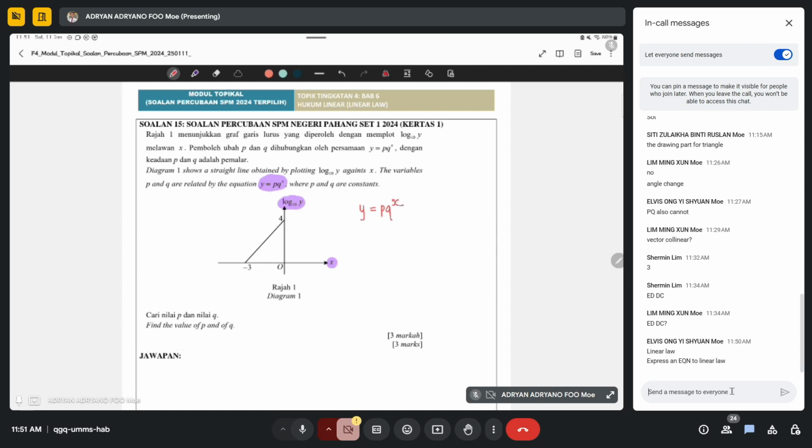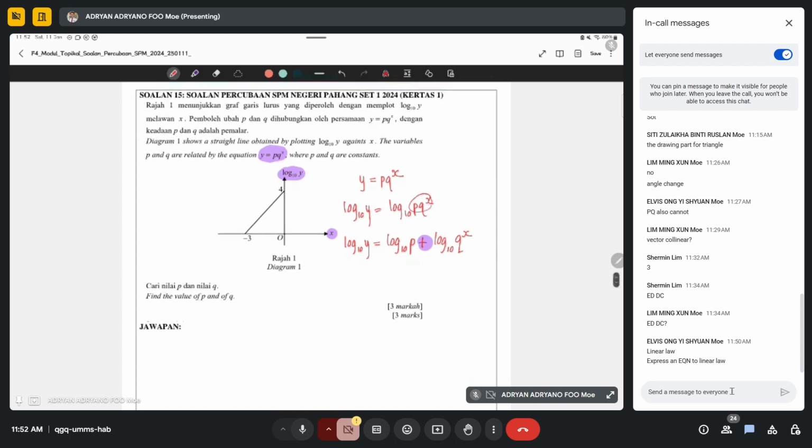Now I want log 10 y and x to pop out, so I add log 10 on the left and log 10 on the right: log 10 y equals log 10 (PQ power x). Then I simplify: log 10 y equals log 10 p plus log 10 q power x. Why does the plus suddenly pop out? Because this is a multiplication, so plus. Now rearrange.